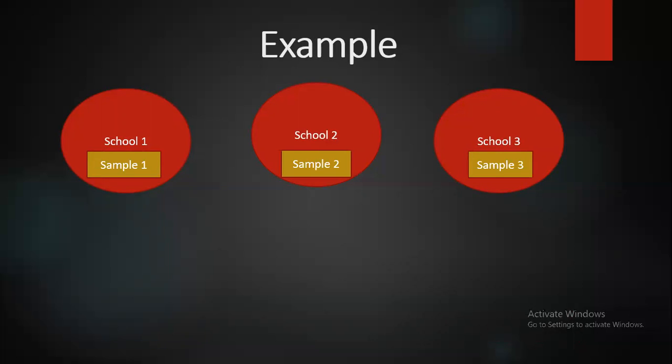Now we know that school 1, school 2 and school 3 are 3 different, independent populations, and sample 1, sample 2 and sample 3 are independent samples from each school. Since we are analyzing variances between the schools using ANOVA, we are going to calculate the mean. The population mean is represented by mu1 and the sample mean calculated from the sample is represented by x1 bar.